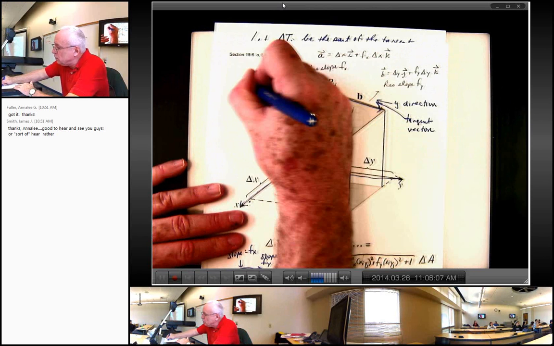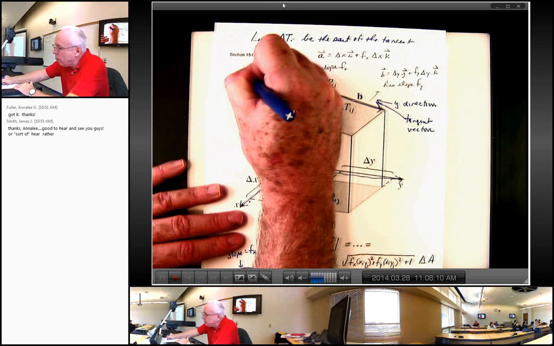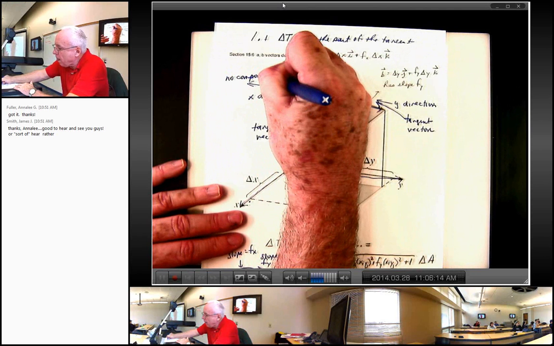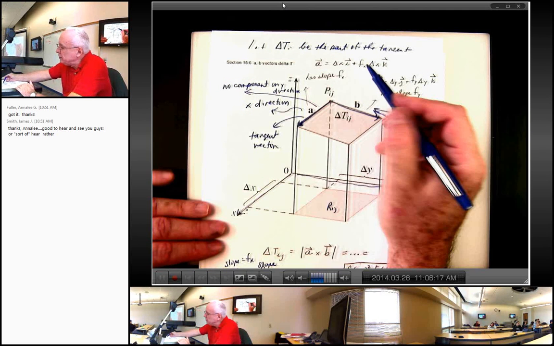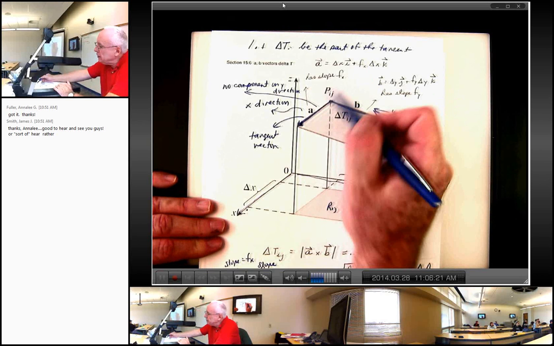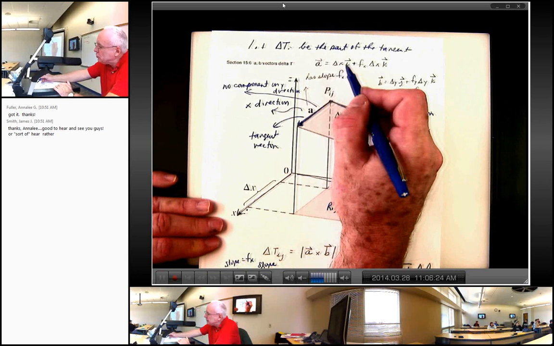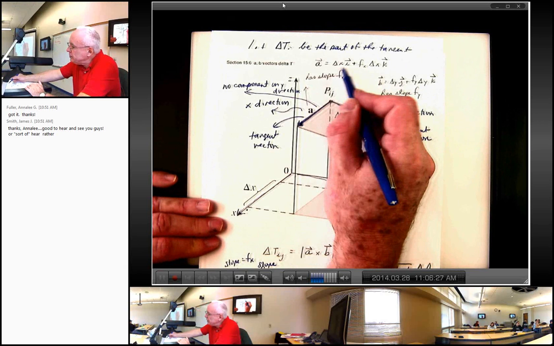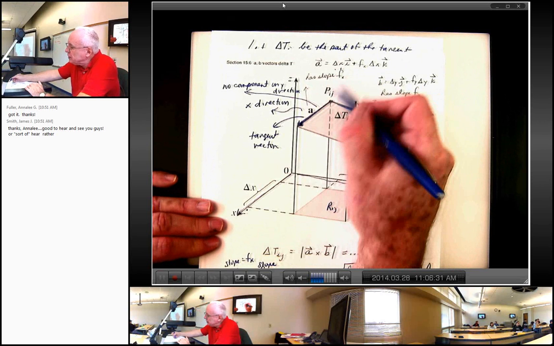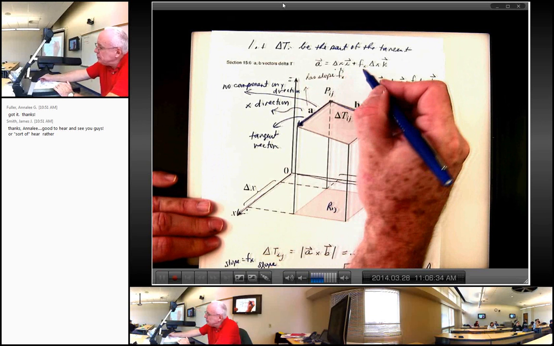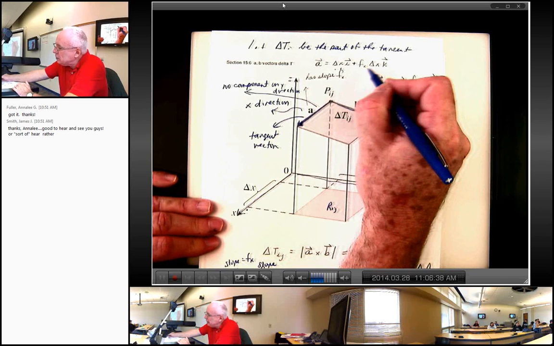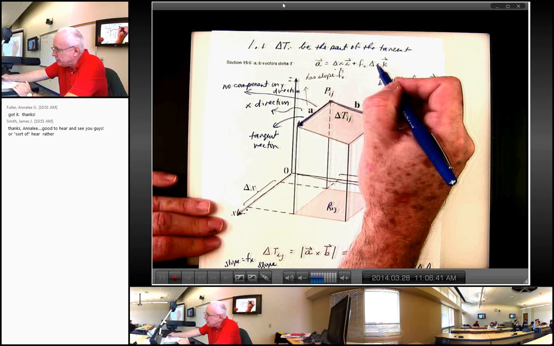So this vector can be represented this way: the x portion is the i component, and the change there is delta x. If the change in the x direction is delta x, the change in the z direction, up and down, is going to be the slope, fx, times delta x.